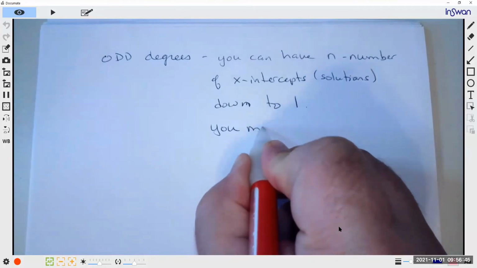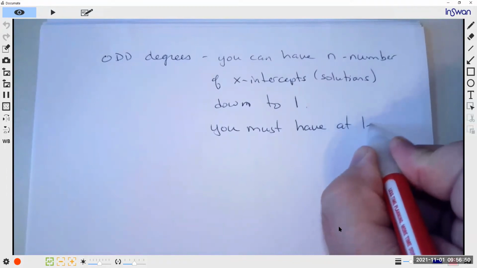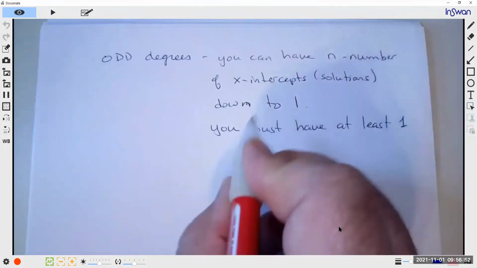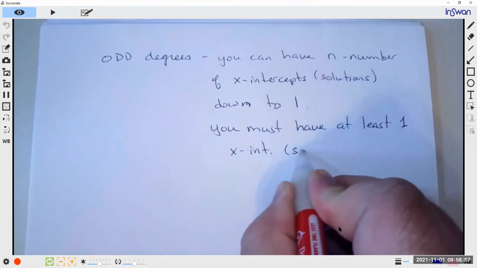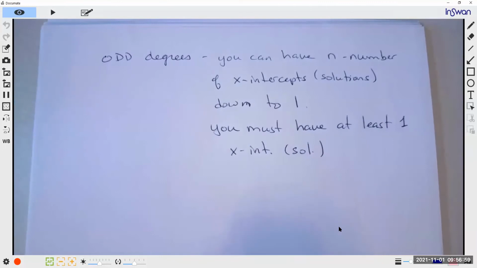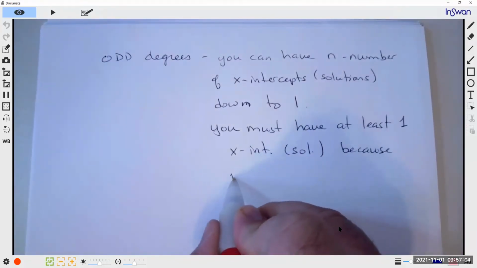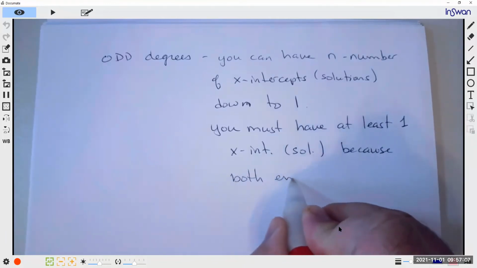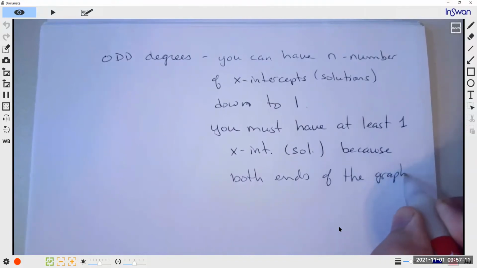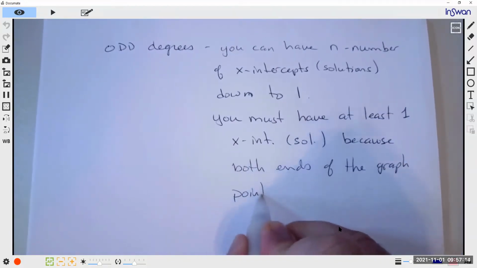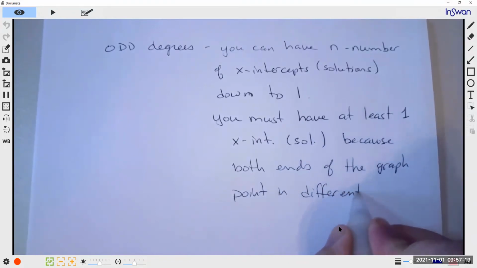You must have at least one x-intercept or solution, because both ends of the graph point in different directions.